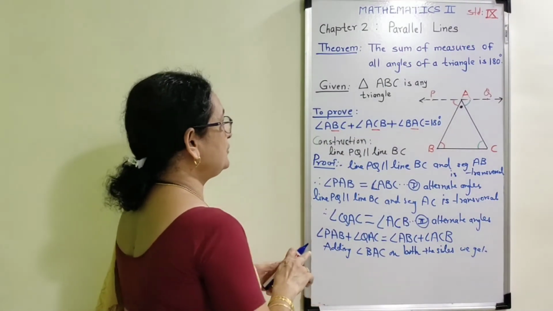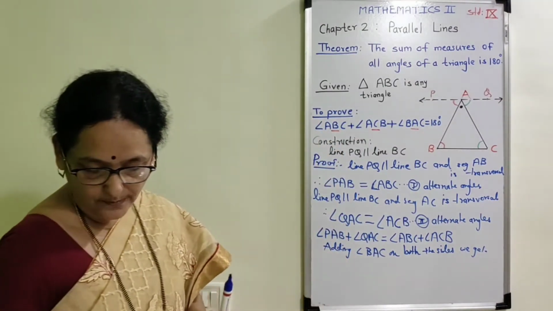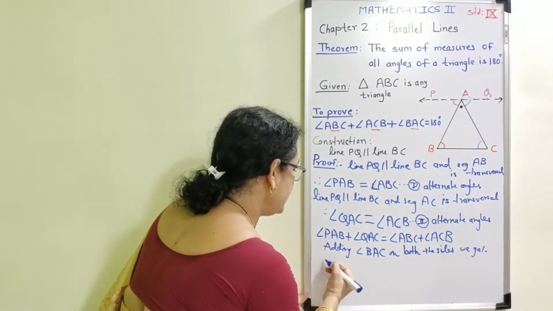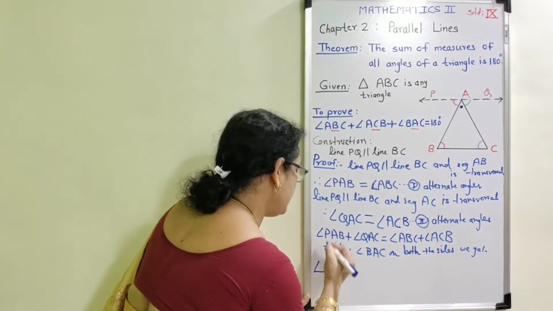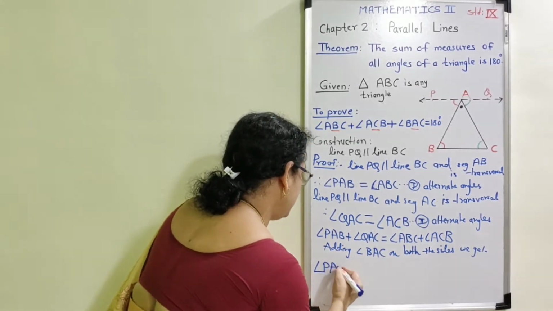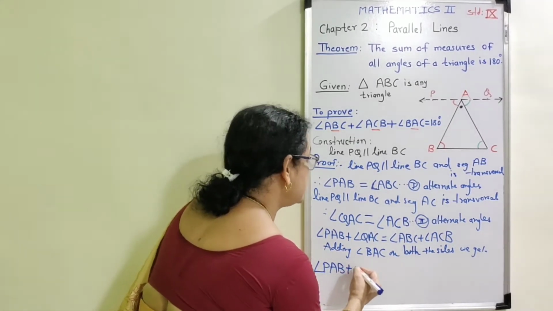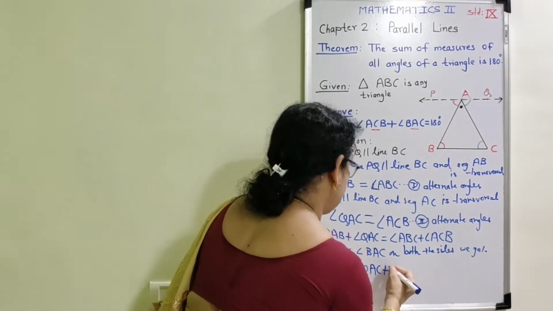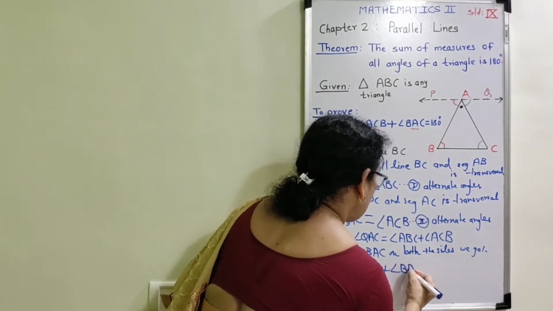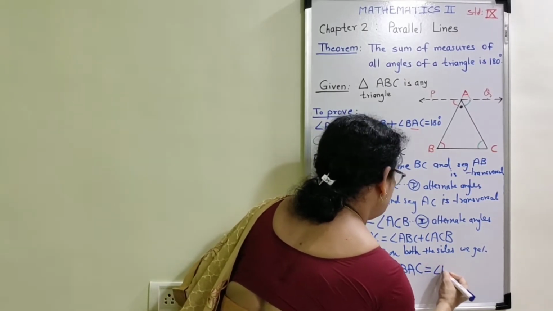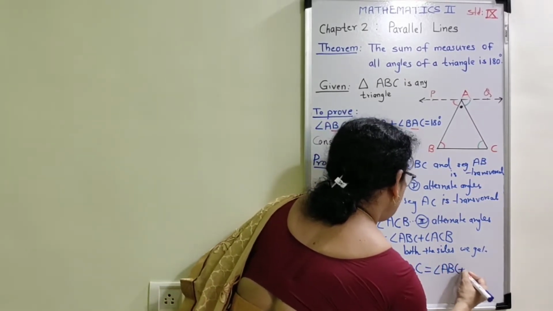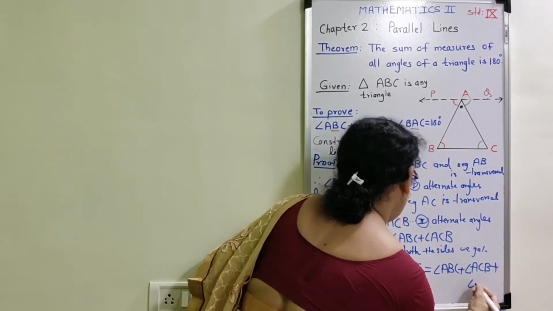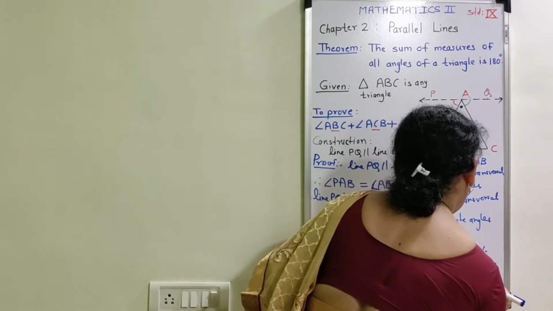Now I am going to write those steps on the top, or we can write the addition here, and the next step at the top: angle PAB plus angle QAC plus angle BAC is equal to angle ABC plus angle ACB plus angle BAC.